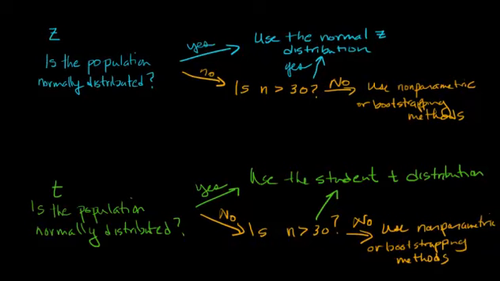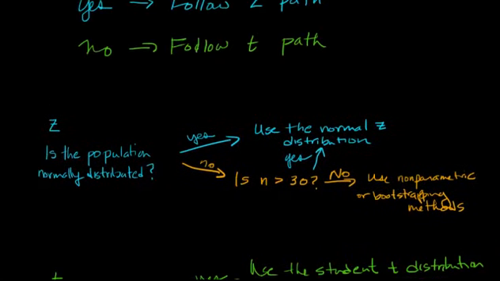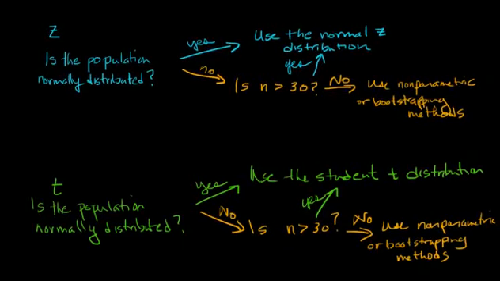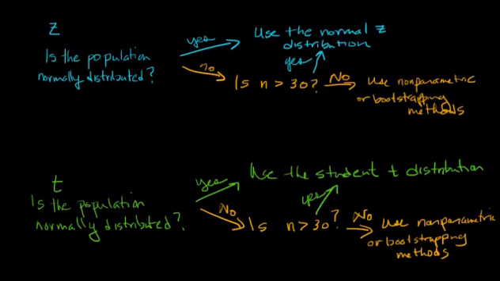Okay, so depending on our answer to the first question, whether or not we have sigma determines which path we take. Let's look at a few examples to see how we would use this decision-making process.